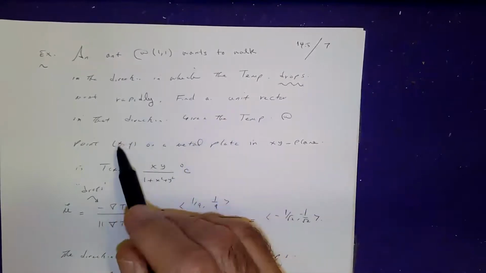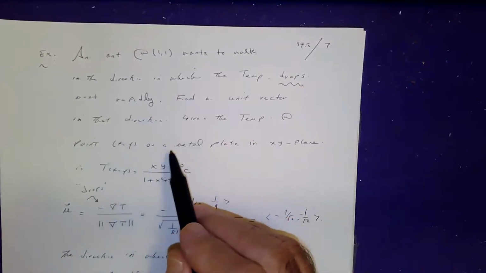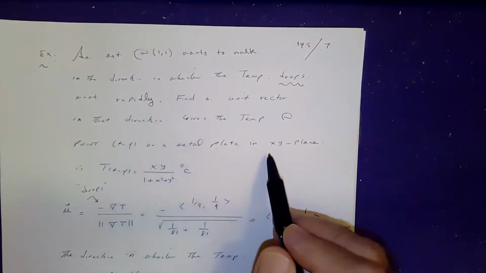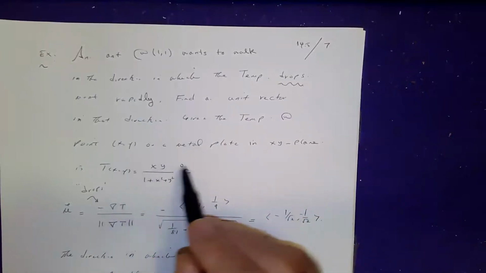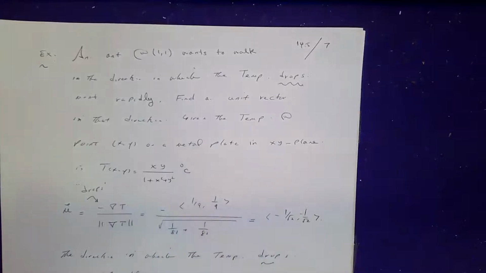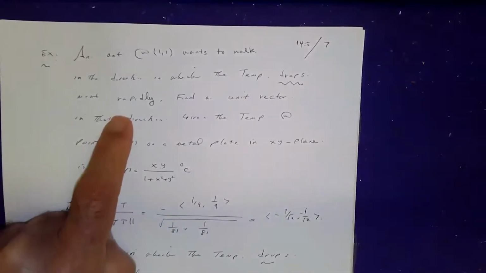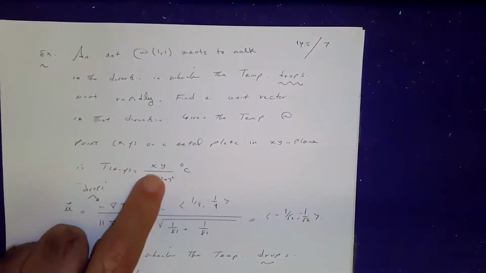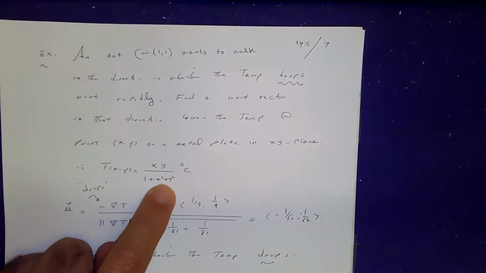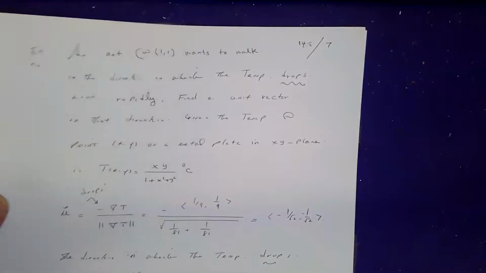The temperature at any point (x, y) on a metal plate in the xy plane is given by this function in degrees Celsius. So the temperature at any point on the hot metal is xy divided by 1 plus x squared plus y squared degrees Celsius.